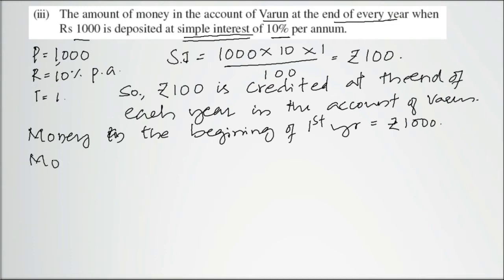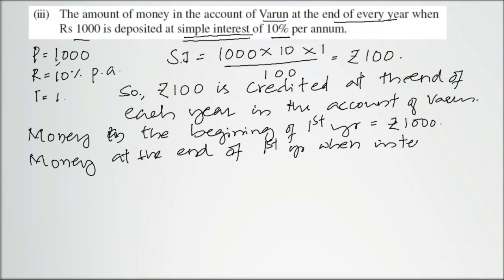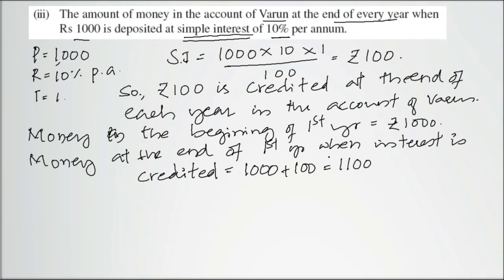At the end of first year, it has to be credited with the interest. So money at the end of first year, when interest is credited, will be for 1000 rupees we have to add 100, so we get 1100.